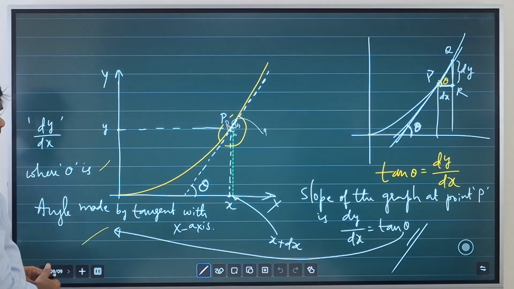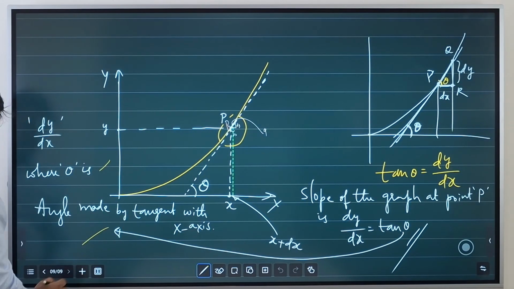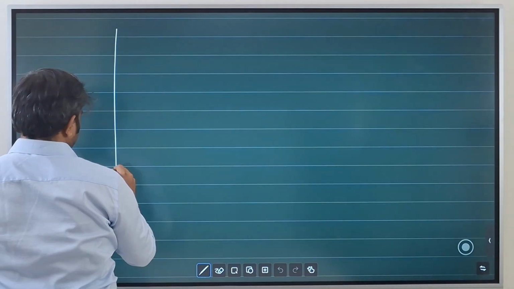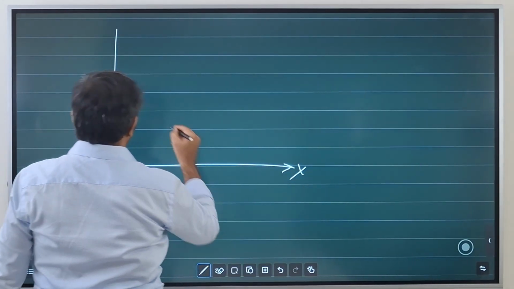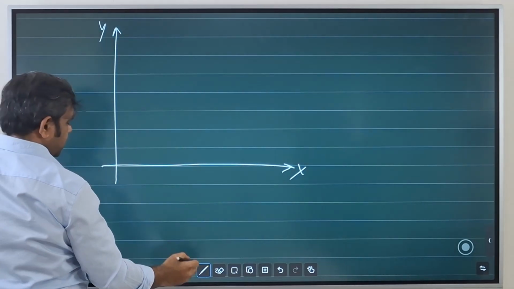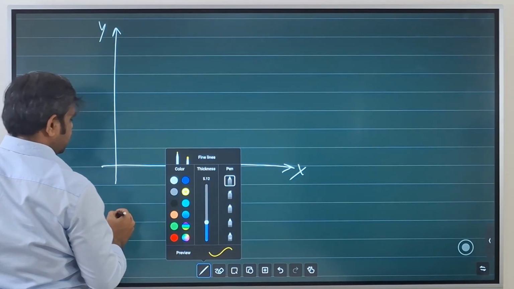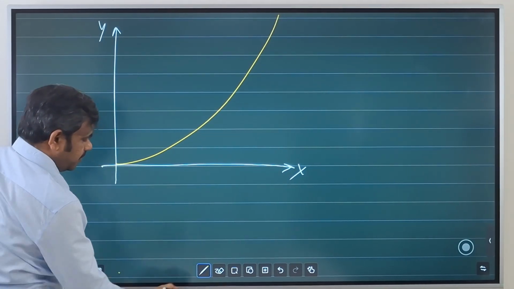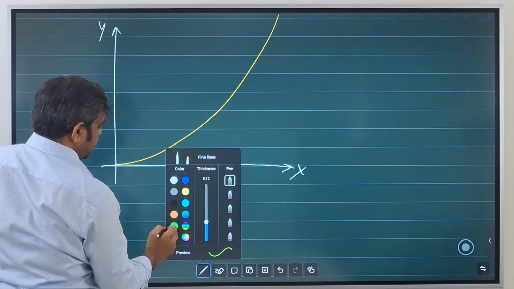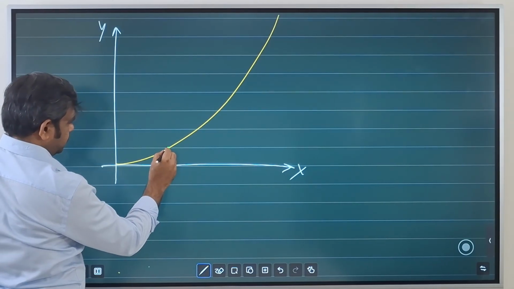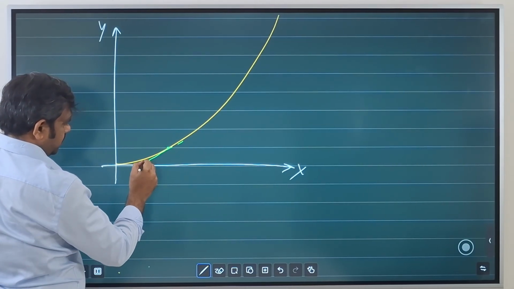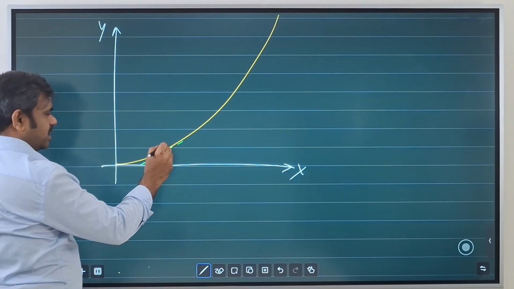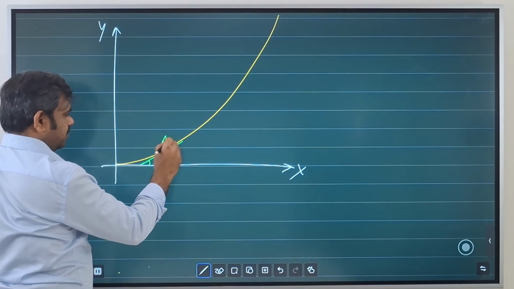Let's draw tangents at different points for the same curve, for the same graph. Draw a tangent here. Call this point A. Let's say the angle made by this tangent with the x-axis is theta 1.